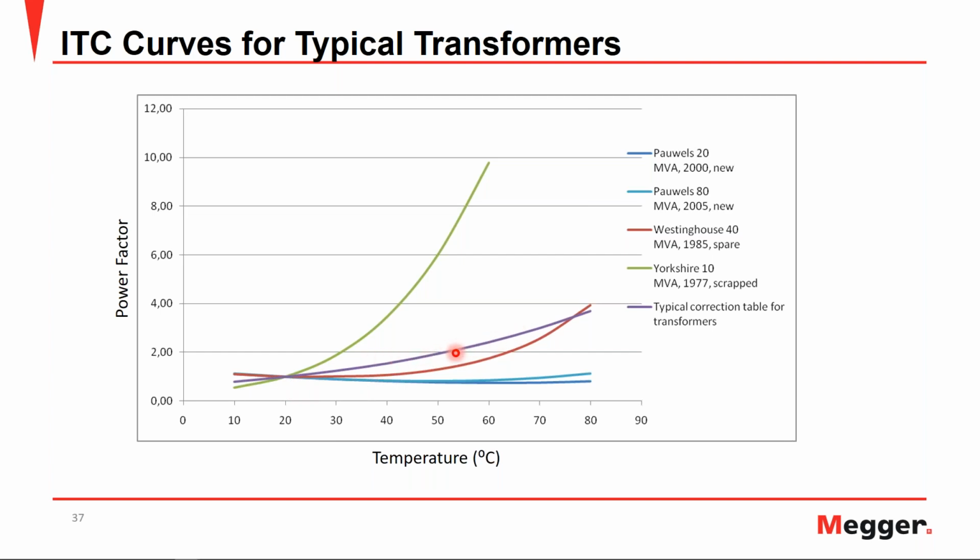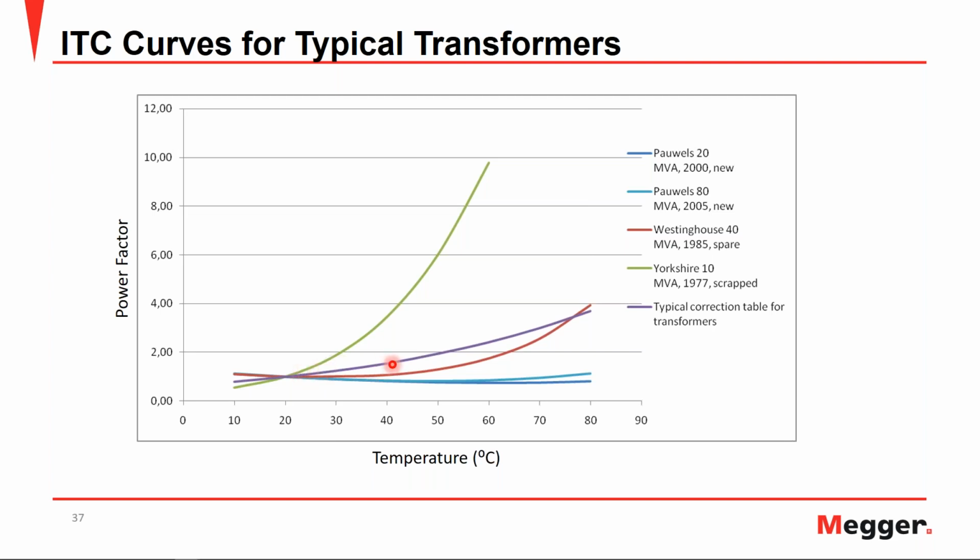previously published. What that leaves you with is on the newer transformers, you're going to end up overcompensating, and on the older transformer, you're going to end up undercompensating. But you can really see why the need for an individual temperature correction that is specific to the asset that you're testing is the benefit of the ITC.